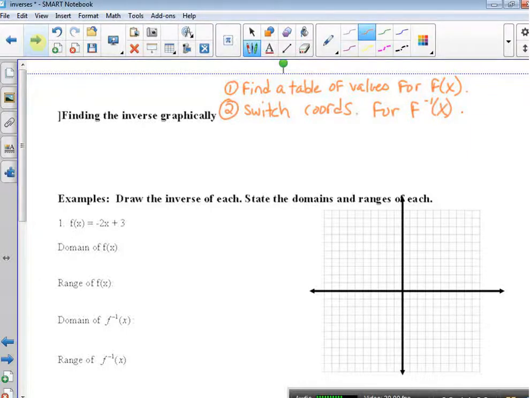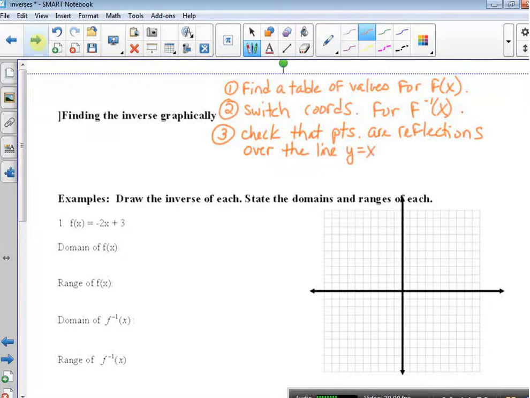And then when I graph it, I check that the points are reflections over the line y equals x. Okay?